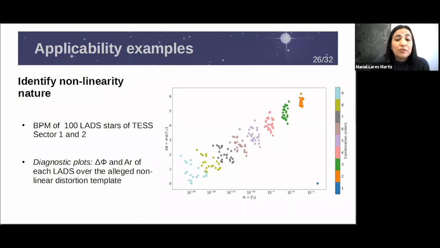So we build what we call the diagnostic plots, which are the phase differences and the amplitude ratios plotted over the template.